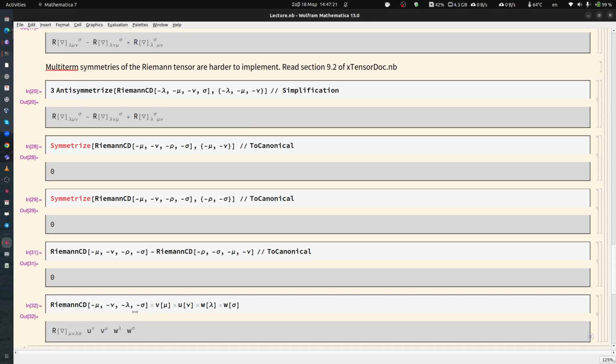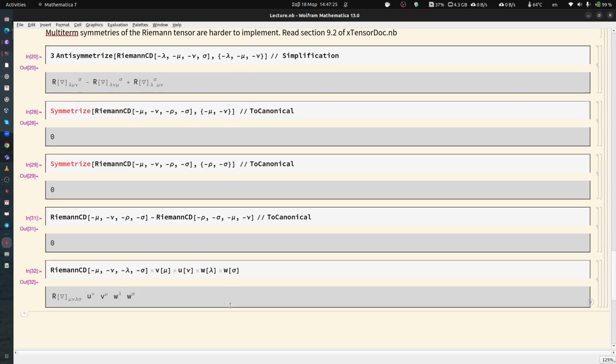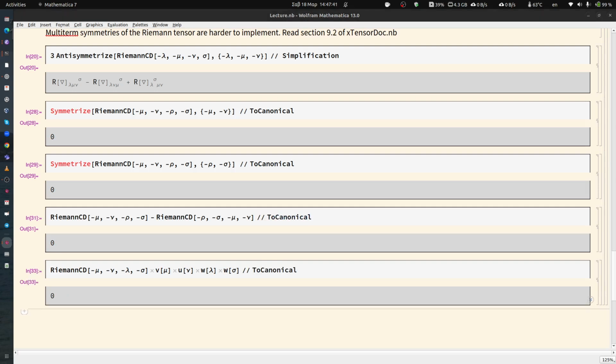Now, here you see that we contract with the same vector, w lambda and w sigma, the last two indices of the Riemann tensor. This should be equal to 0, and we see that when we apply ToCanonical.